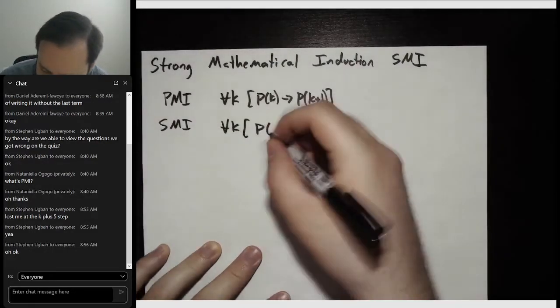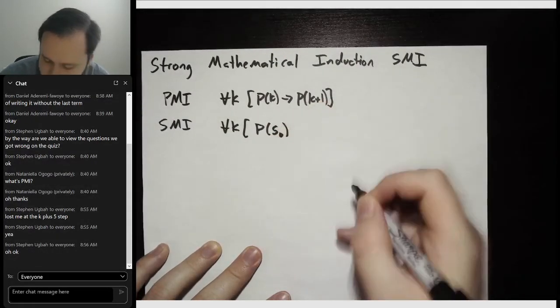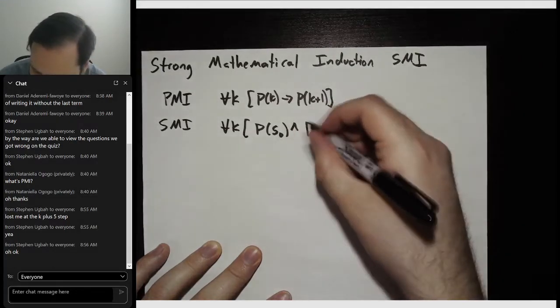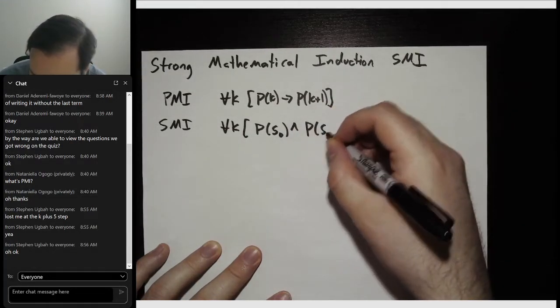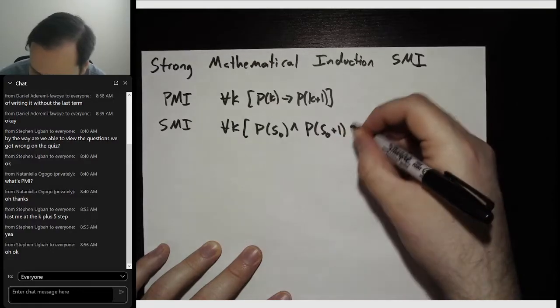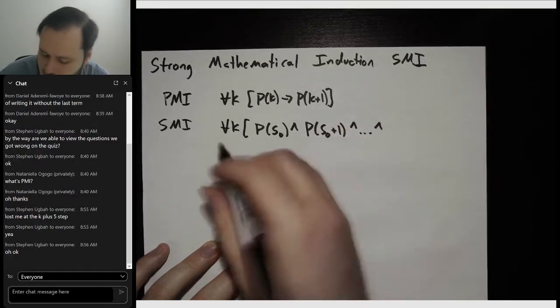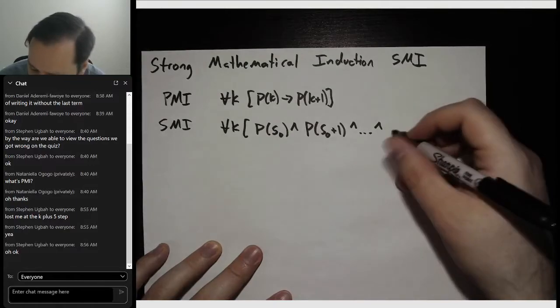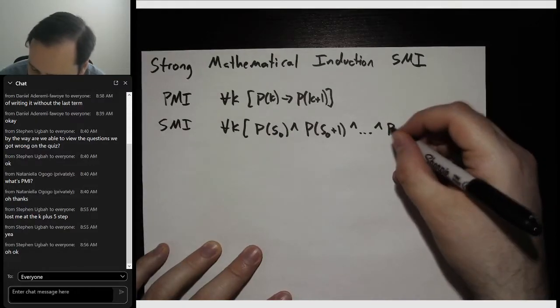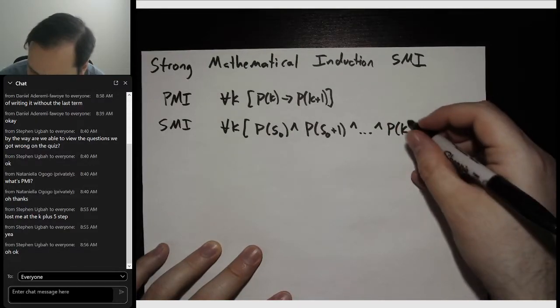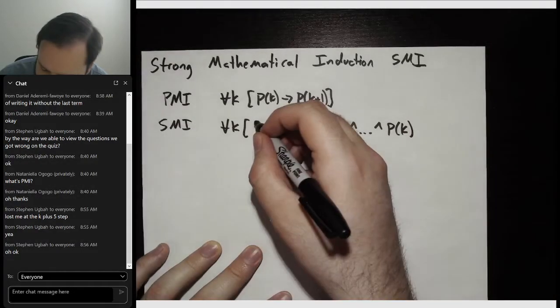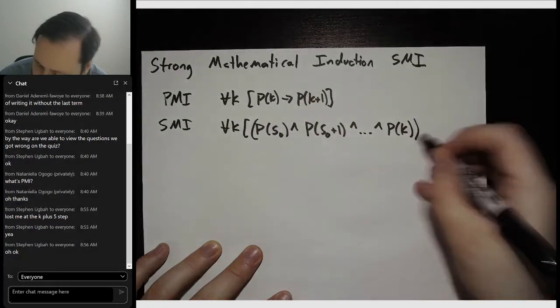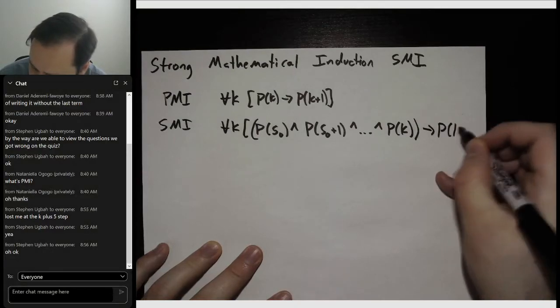So our starting value, S sub 0, and our next value, S sub 0 plus 1. And we can keep going, everything we've proven so far up until P of k, and use all of that information when proving P of k plus 1.